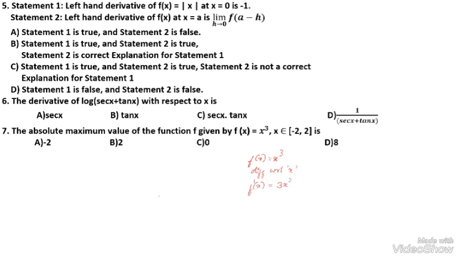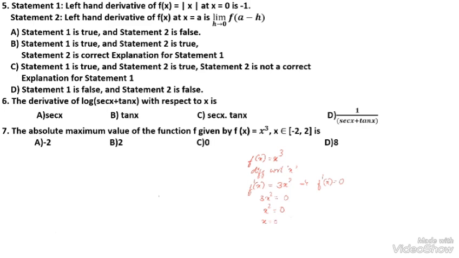Now take f dash of x equals 0, that is, 3x square equals 0. Find the value of x: x square equals 0 after taking 3 to the other side. Therefore, x equals 0.